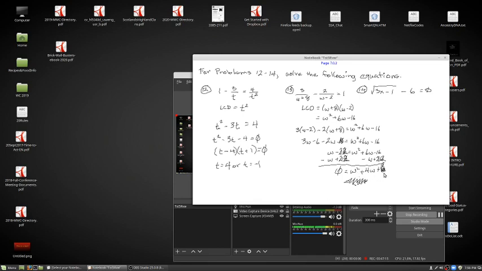What positive factors of 6 add up to 4? Well, there aren't any. This is going to be either 1 and 6 or 2 and 3. Oh. Well, let's see. 6 minus 1 is actually 5.